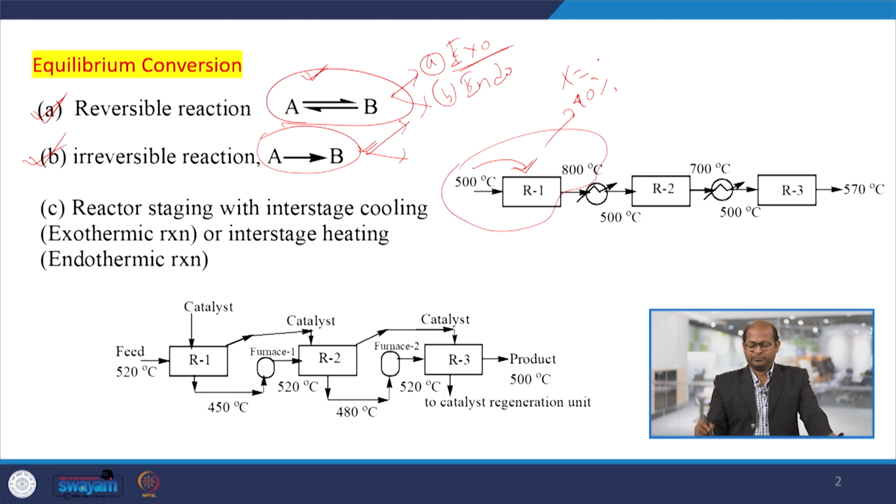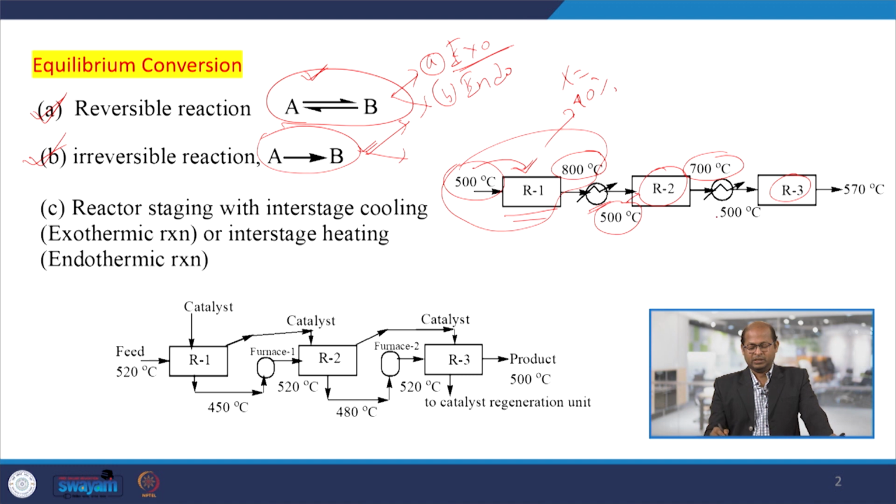Now say this is reactor 1, reactor 2, reactor 3, three consecutive reactors connected in series. Initially the reaction started at 500 degree centigrade, and once the product comes out of the reactor, the temperature rises to 800 degree centigrade. We bring the temperature down to 500, and that is fed to the second reactor. In the second reactor conversion progresses and the temperature rises to, let us say, 700 degree centigrade.